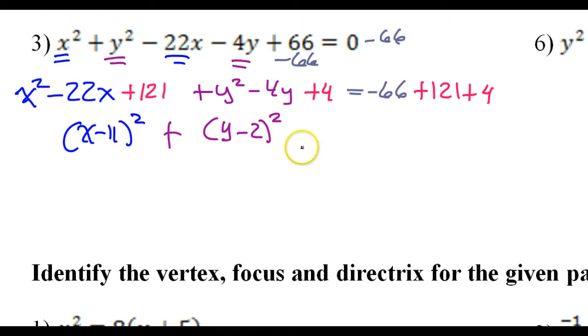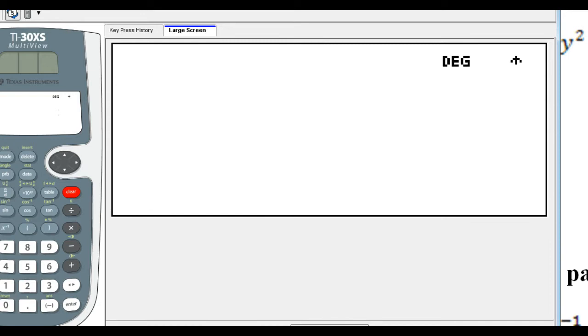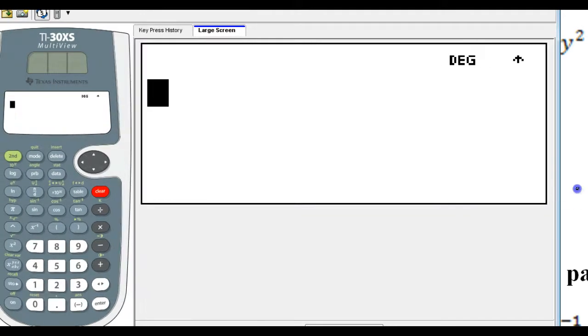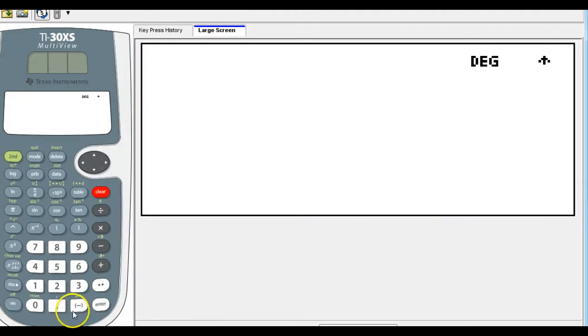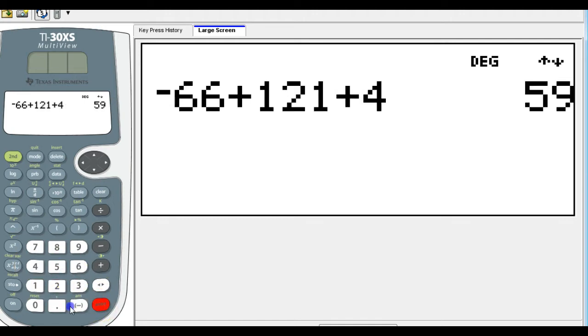All right, let's see what we get on the other side of the equation. So I've got negative 66 plus 121 plus 4. So that's going to give me 59.